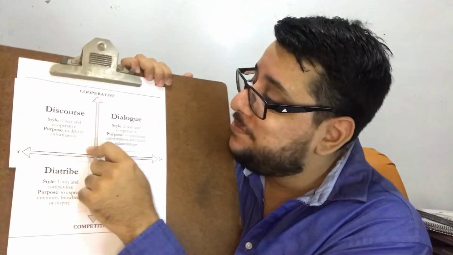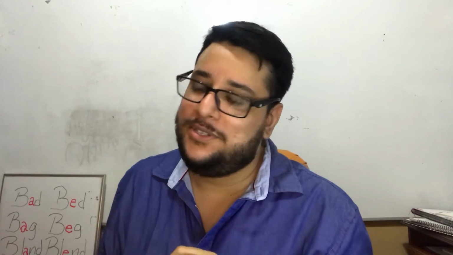Let's discuss the first type of conversation, discourse. So, a discourse is a speech, it's a one way method of talking. A discourse has one purpose, and that is to deliver information. So when you see a politician, when you see even a teacher like me speaking without stopping, maybe you're in front of a discourse.